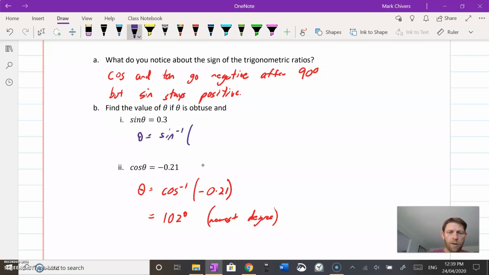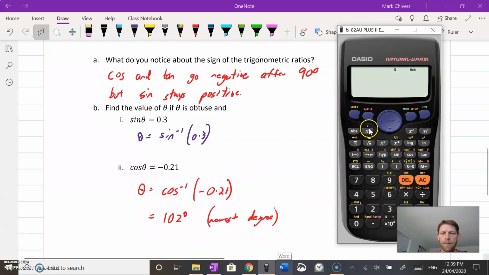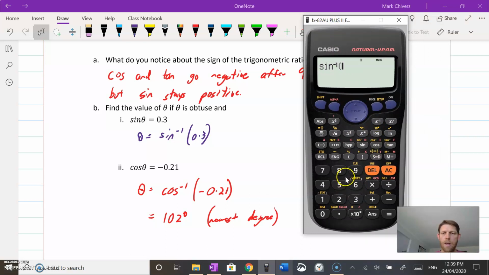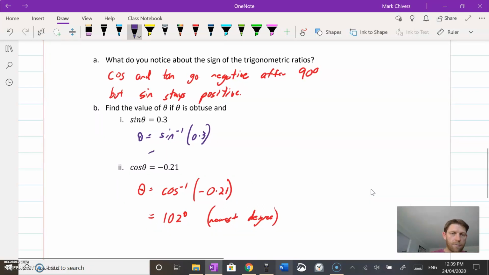So we use sine to the -1 and put in 0.3. We use shift sine because we're finding an angle, and we put 0.3 into the calculator, and that's going to give us 17.46 degrees to 2 decimal places.